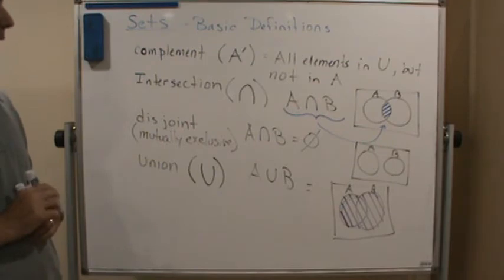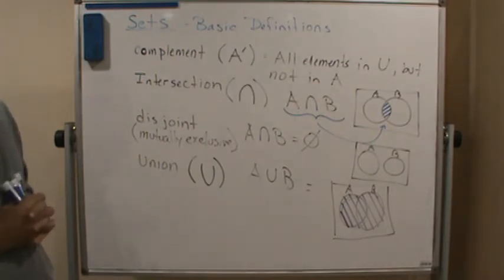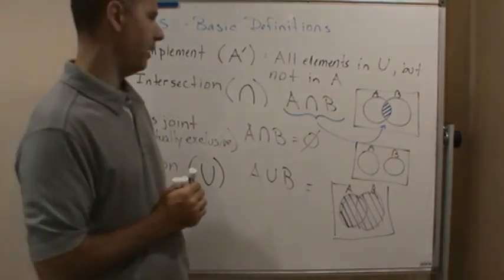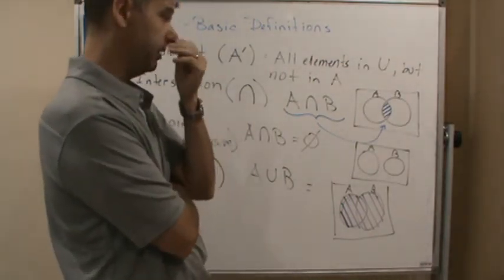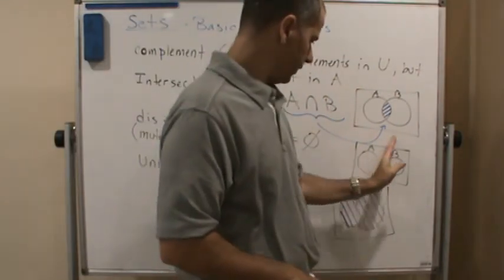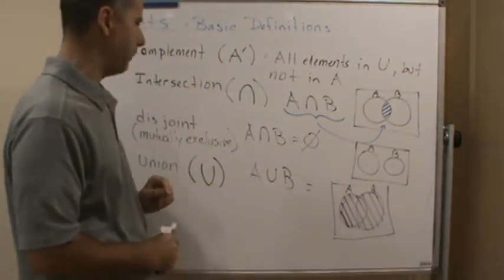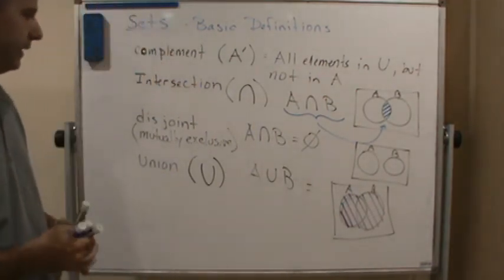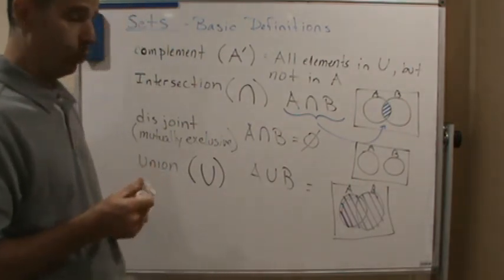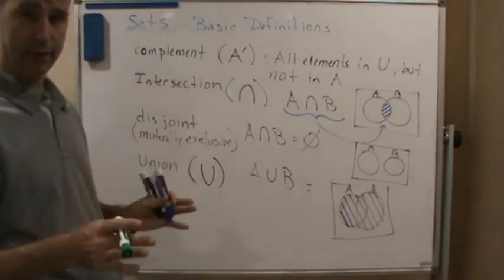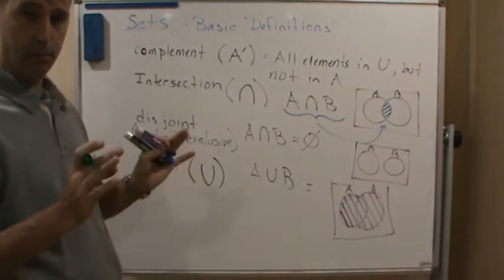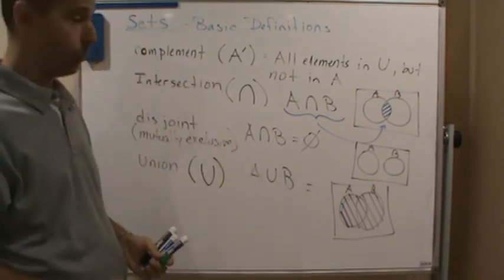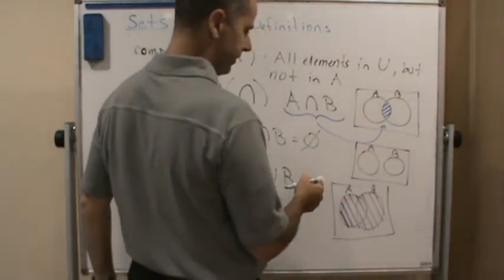Now, what about the complement? Let's go back to the complement. Let's say I have this one and I want the complement of A. Remember, complement of A means everything that's in the universe but not in A. That would mean everything outside of A is what I want. So how would I represent it with the Venn diagram?